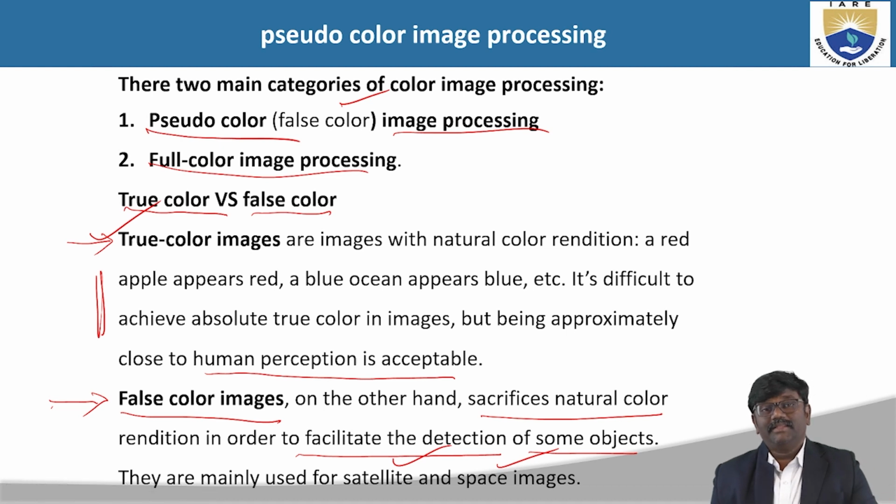The natural color is sacrificed in order to facilitate the detection of some objects. For example, where you concentrate on such technology, in terms of satellite image processing and space image processing, there we can apply this obviously.